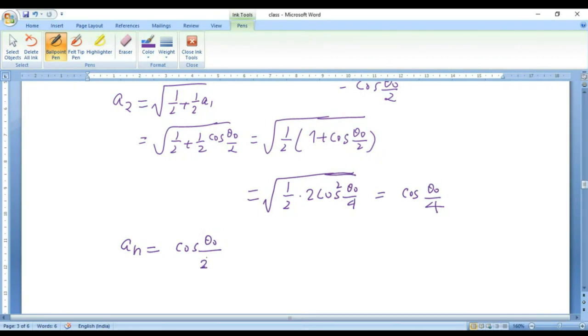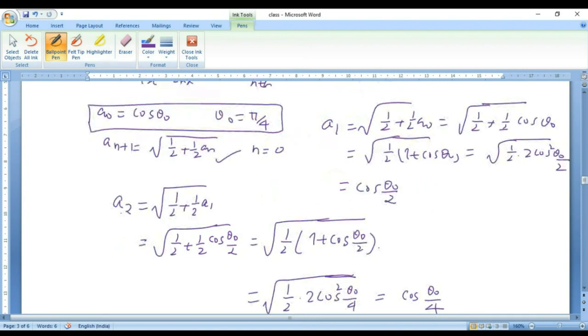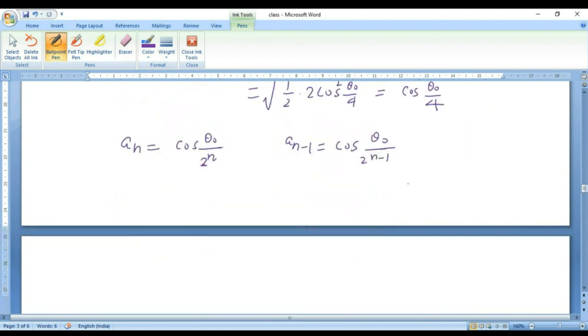But we have to stop at a n minus 1. So a n minus 1 is cos of theta naught over 2 to the power n minus 1. We can match: 2 corresponds to 4, and 1 corresponds to 2, so the powers of 2 are like this, and we get a n minus 1.